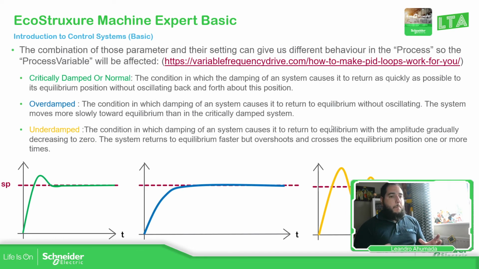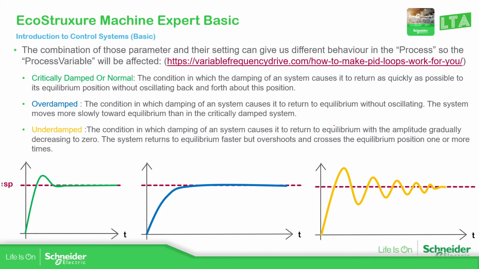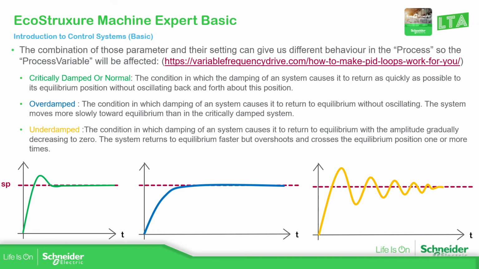Based on this combination of values, in an ideal case, we can have these three behaviors or waveforms from our desired output. The first one is the critically damped or normal behavior.